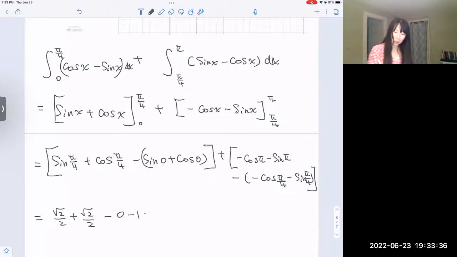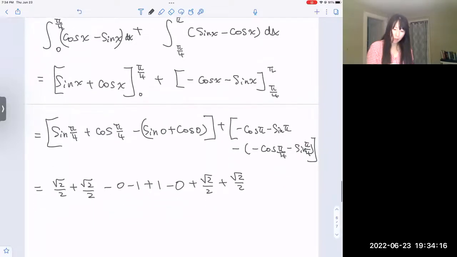Plus cosine pi, negative 1, but we have a negative sign, so positive 1. And sine pi, 0. Cosine pi over 4, we have square root 2 over 2, but it's negative, so positive, right?